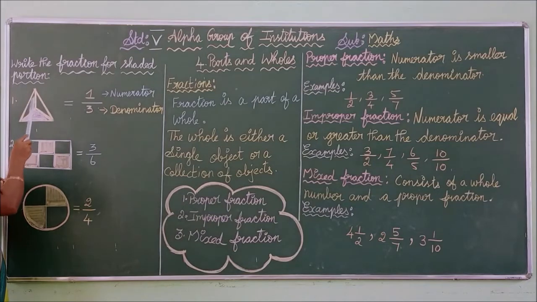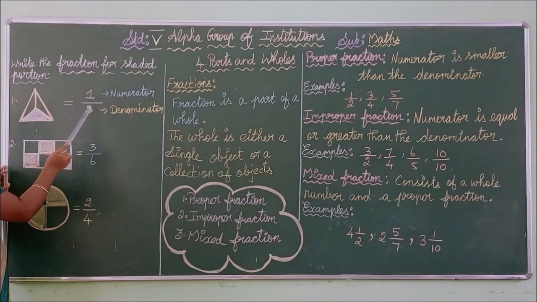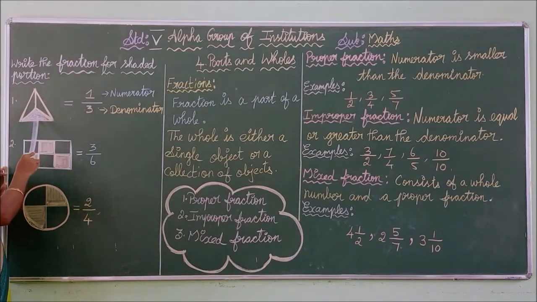How many parts are in this triangle? See, 1, 2, 3. Totally 3 parts. How many parts are shaded? Only 1 part. So, how do you write the fraction? You write the total parts as the denominator, 3, and the shaded portion as the numerator, 1. Thus 1 by 3 is the answer.